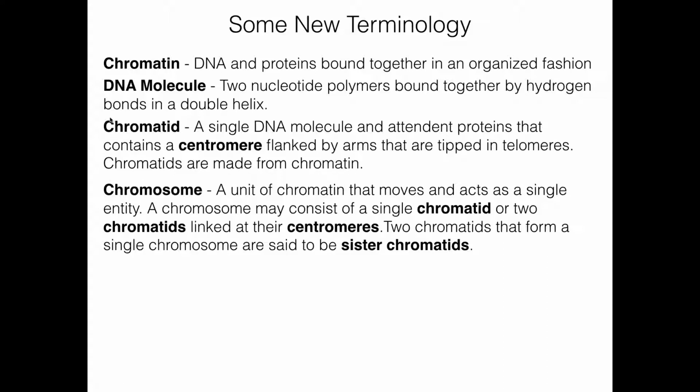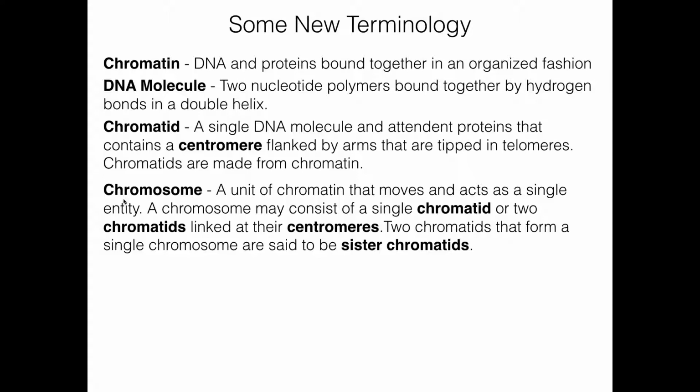So chromatids are made from chromatin. A chromatid and a chromosome are very similar in many ways, and sometimes a chromatid is a chromosome. But the chromosome is a unit of chromatin that moves and acts as a single entity.